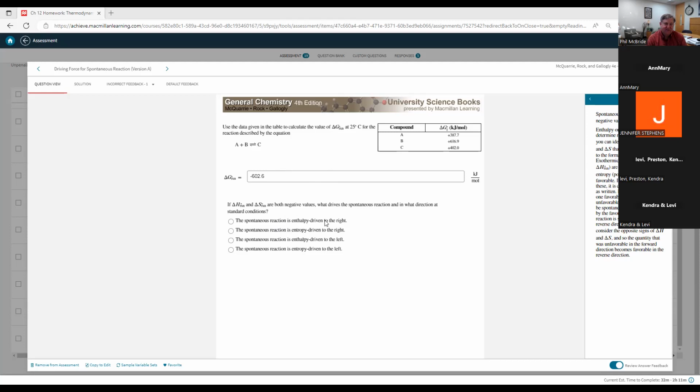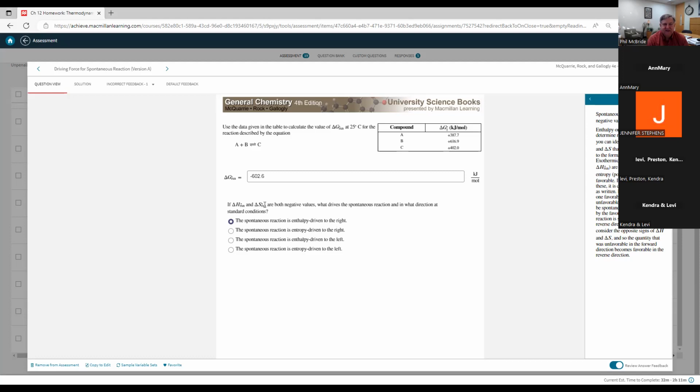The higher the negative number is, the more exothermic it is. So enthalpy driven is exothermic. So when delta G and delta H are negative, it drives the forward reaction. So it'd be spontaneous to the right.